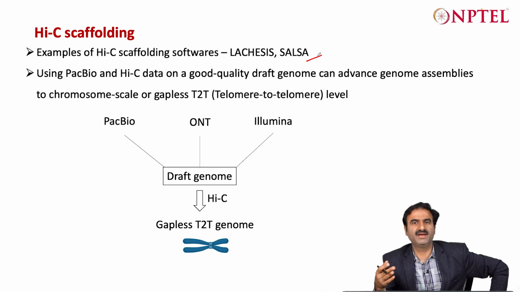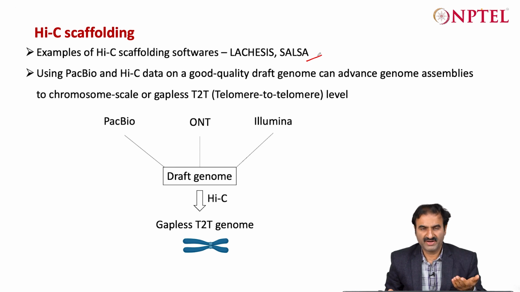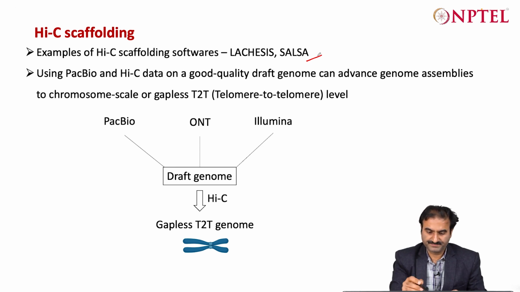Along with the Hi-C data, it can be used together to get the final genome assemblies. Ultimately this kind of genome quality can be used to achieve a telomere to telomere assembly. These three together can give you a very good draft quality.